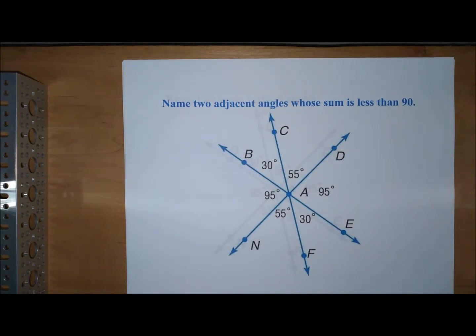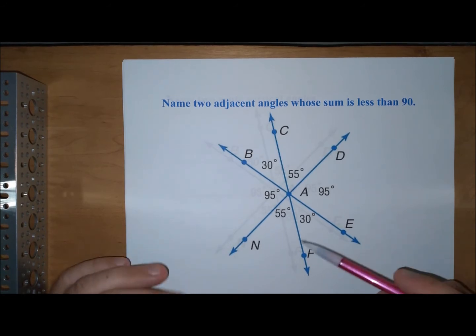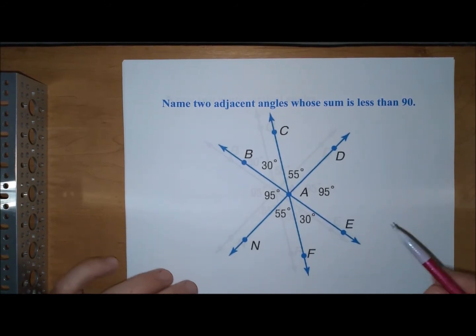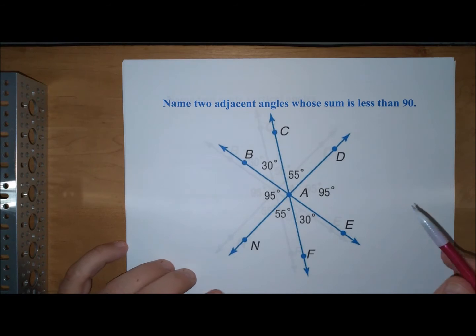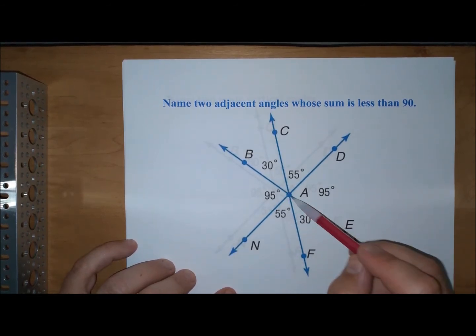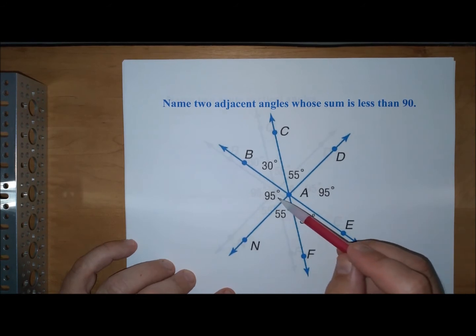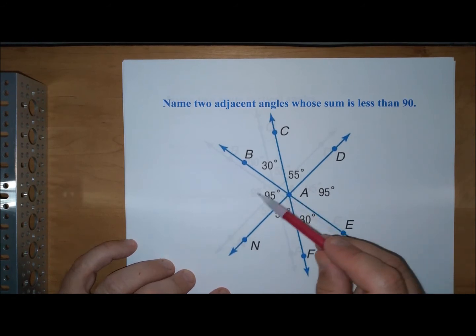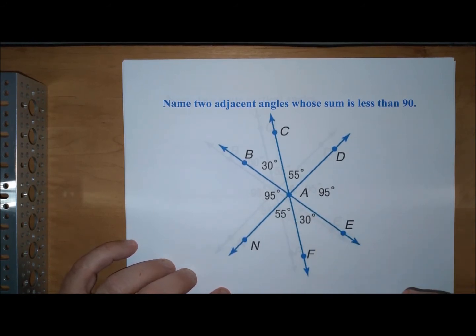All right, in this problem, they want us to name two adjacent angles whose sum is less than 90. Adjacent angles have to share a common vertex, a common side, and have no interior points in common. If I tried 95 and 55, those are adjacent angles, but they add up to more than 90, obviously, if one of them is greater than 90.